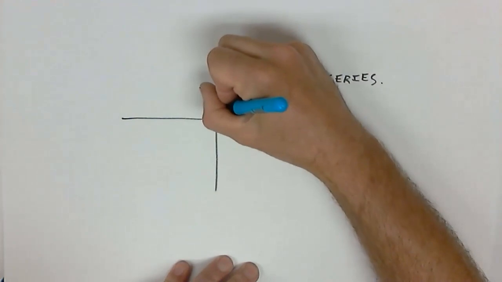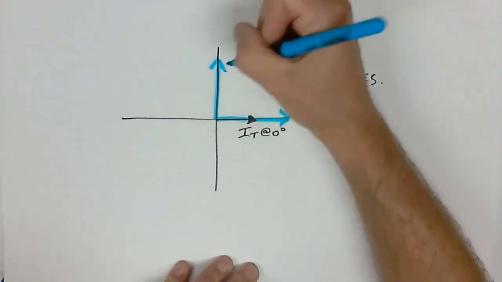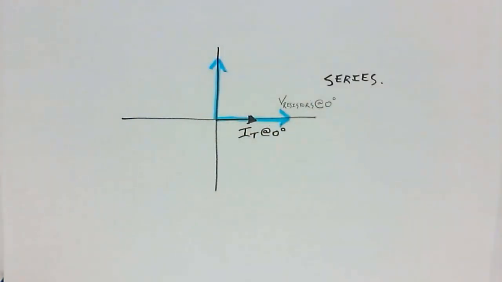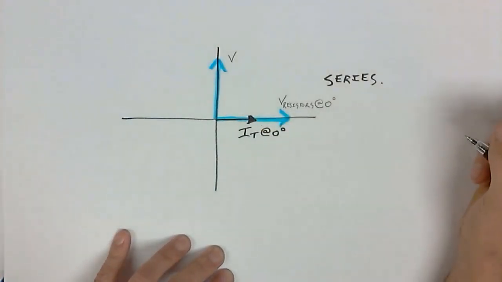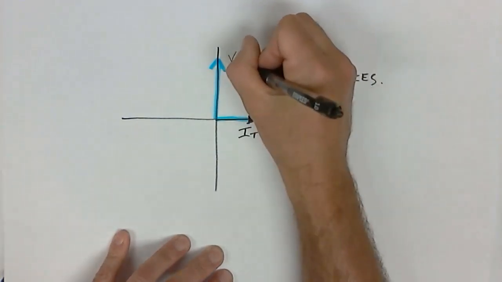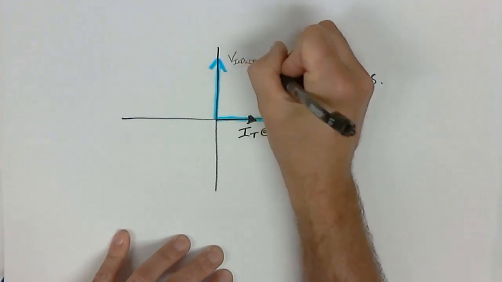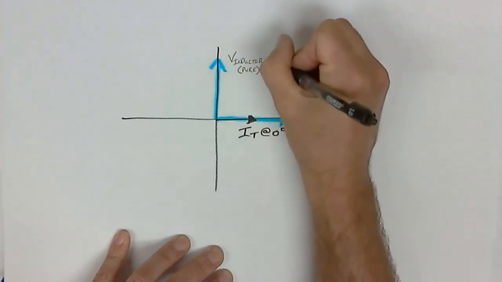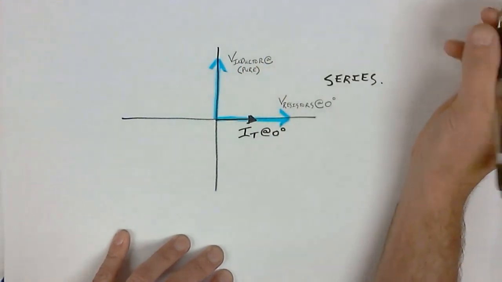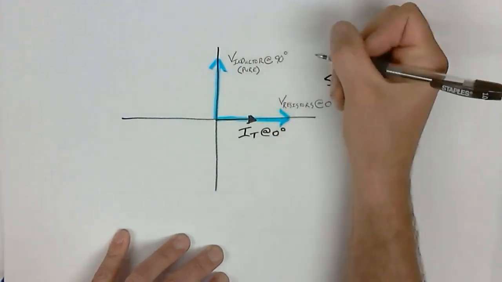Voltages for inductors, if it's a pure inductor, as in an inductor with only XL, no resistance. So I'm going to say inductor, and I'm going to put in brackets pure, as in there is no resistance, those will always be sketched at 90 degrees.